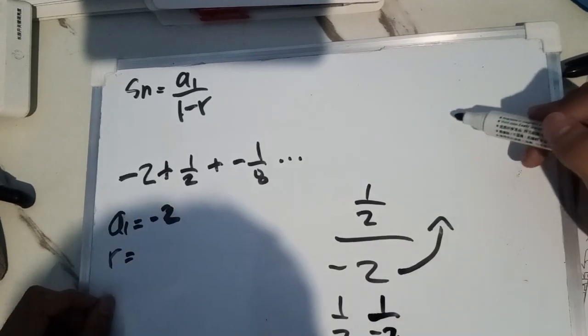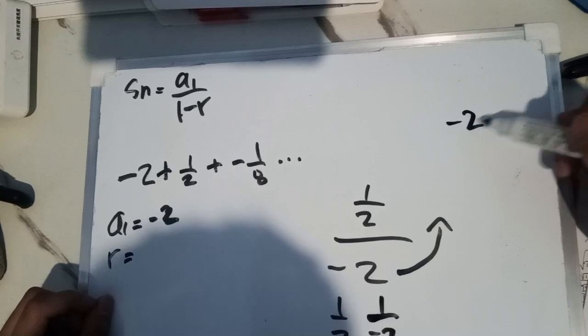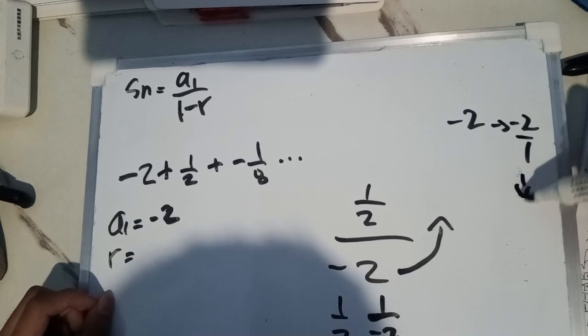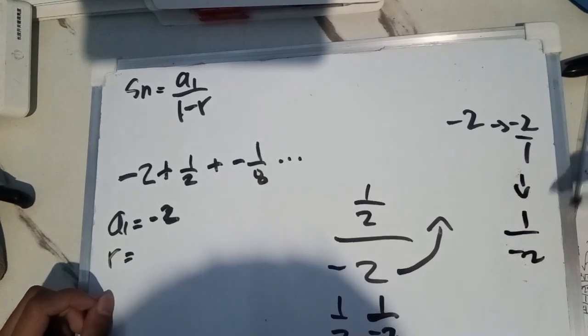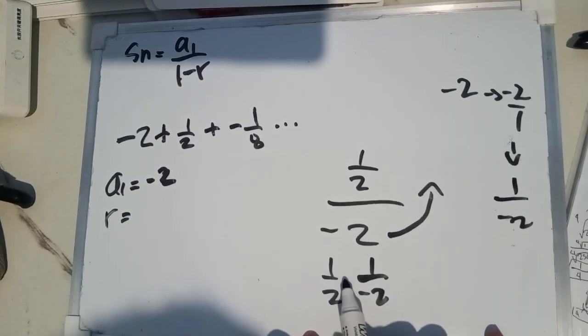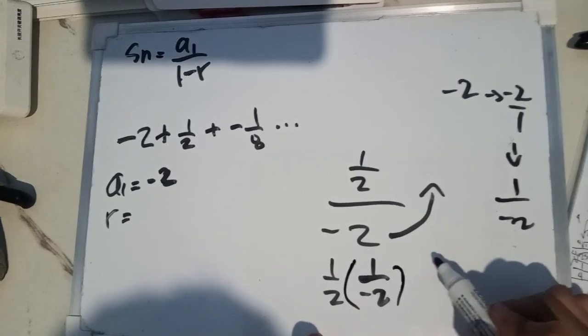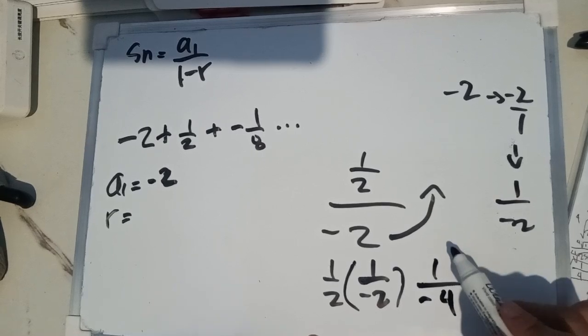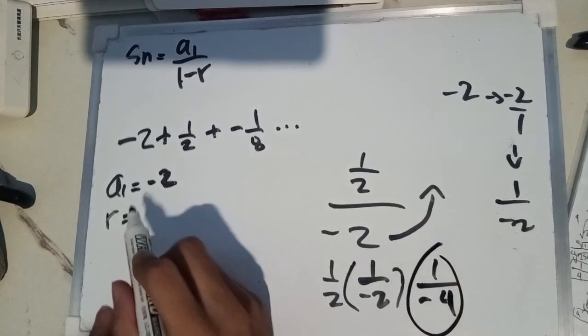Bakit? Since this is negative 2, it's equivalent to negative 2 over 1. So pag binaliktad natin siya, magiging 1 over negative 2. Gets? So, pag times na natin to, 1 times 1 is 1. And 2 times negative 2 is negative 4. So, we have negative 1/4 sa common ratio.